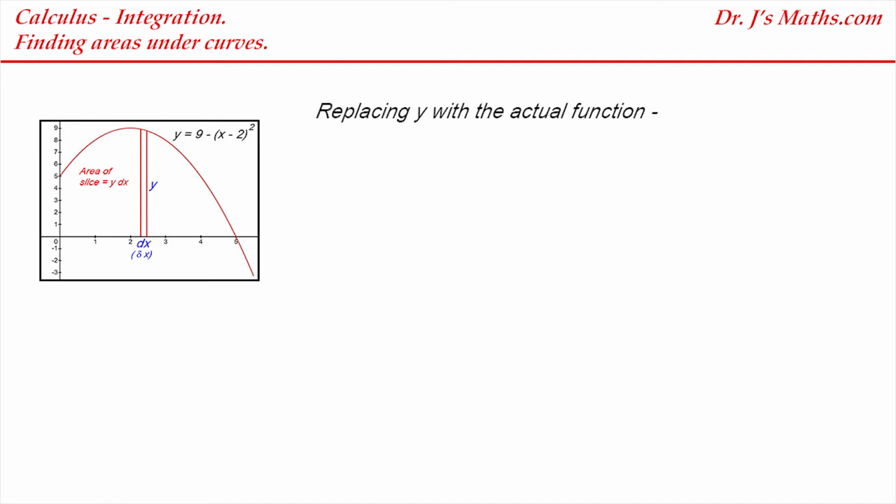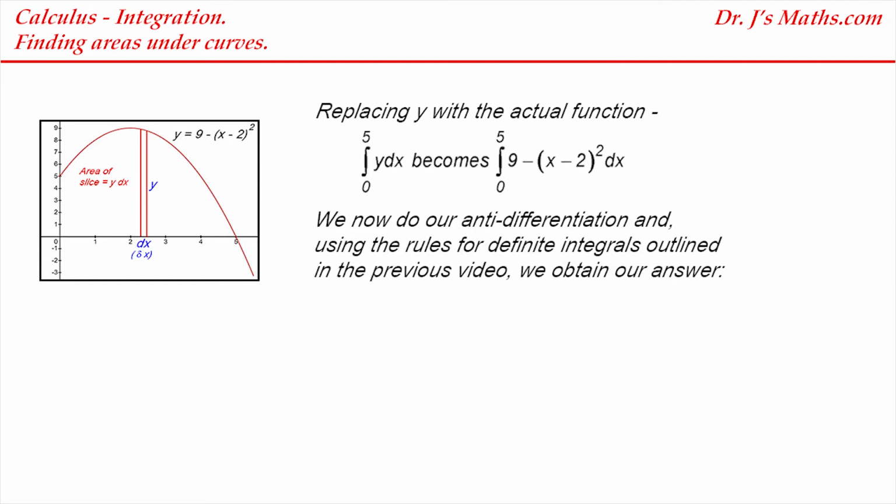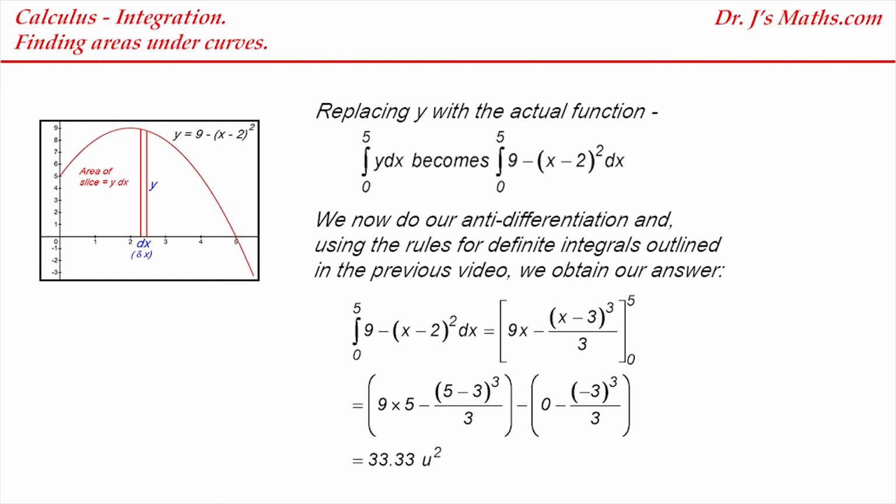Replacing the y with the actual function as shown, y equals 9 minus (x minus 3) all squared, then we get this statement. We now do our anti-differentiation and, using the rules for definite integrals outlined in the previous video, we obtain our answer. So we do our integration and have our square brackets with 0 and 5 at the end.